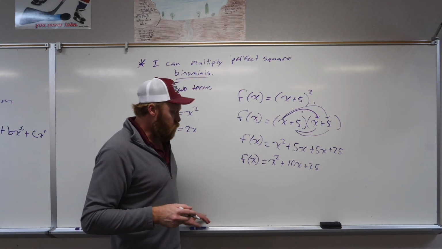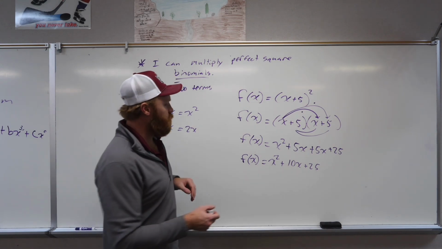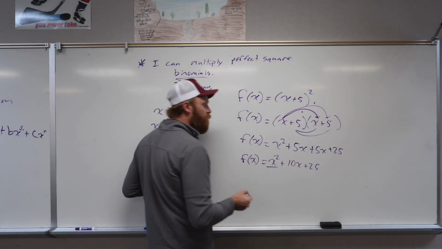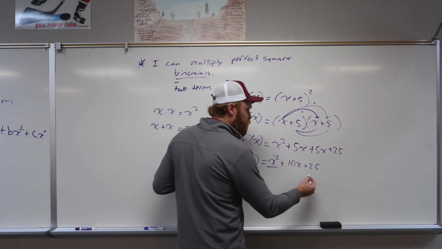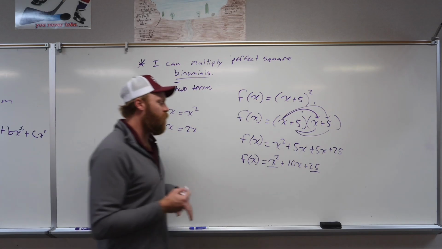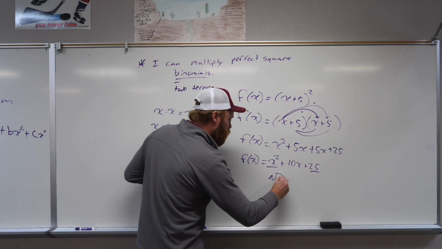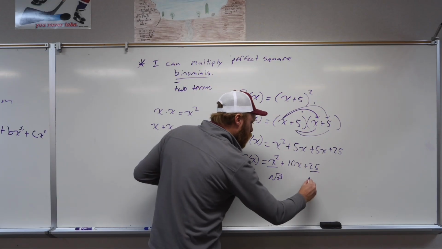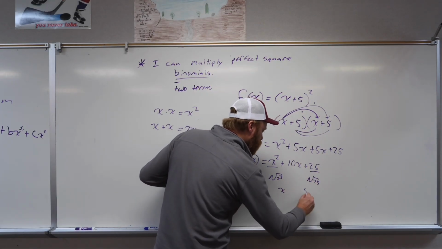Now, going this direction with our perfect squares, we're going to start realizing how we can identify them. We're going to have a perfect square here, a perfect square there, and then the square root of this and the square root of this, so we would have x and 5.